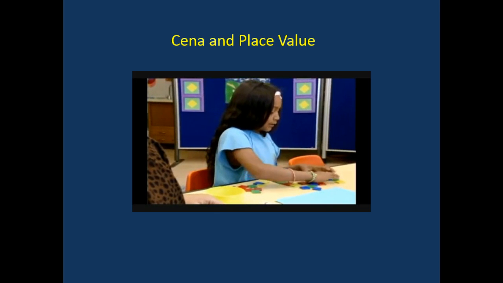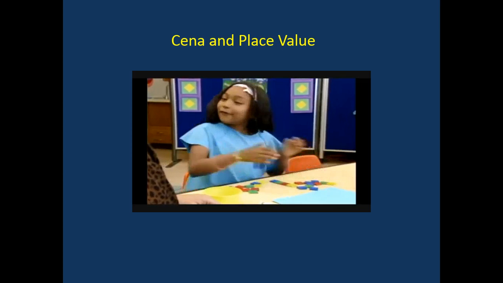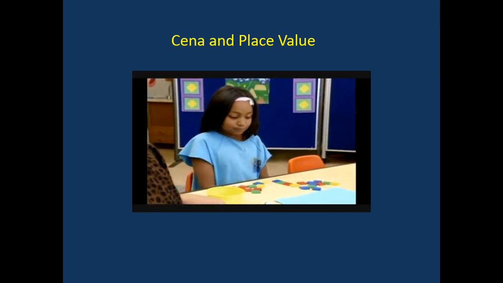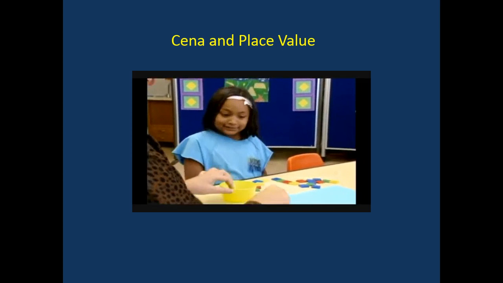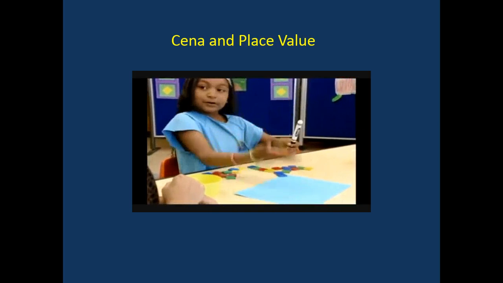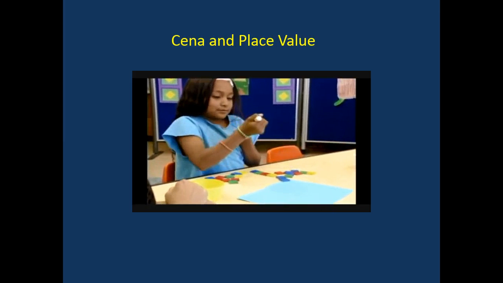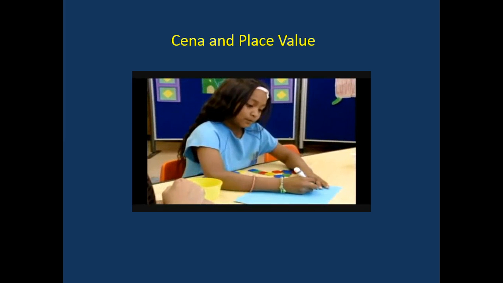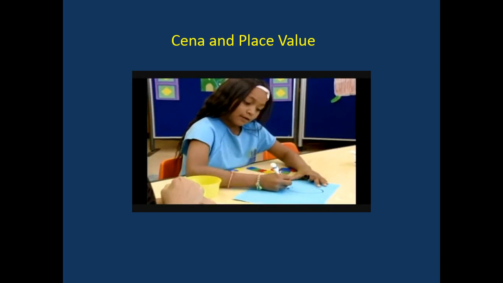20, 21, 22, 23, 24. You're a careful counter. Do you know how to write the number 24? Would you do that for me with this pen on the paper? In the middle? I'll make them big. That's great.